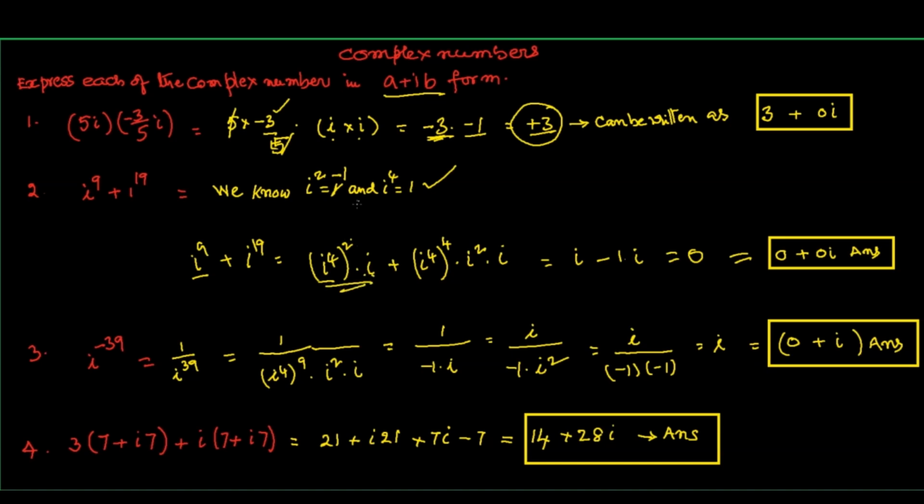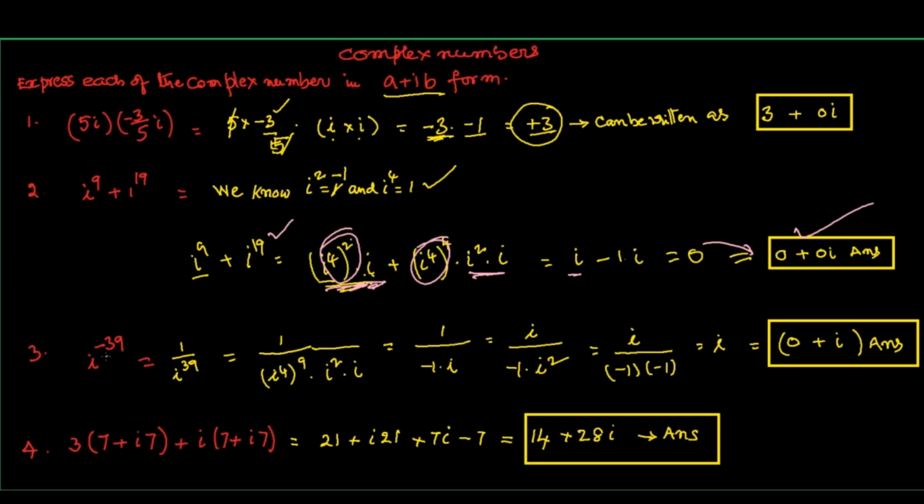And i power 19 can be written as (i power 4) power 4, i power 16, times i square, i power 18, times i power 19. So this whole thing is 1. Here we get i, and here we get minus i. i minus i is 0. 0 can be written as 0 plus 0i. This is the answer.